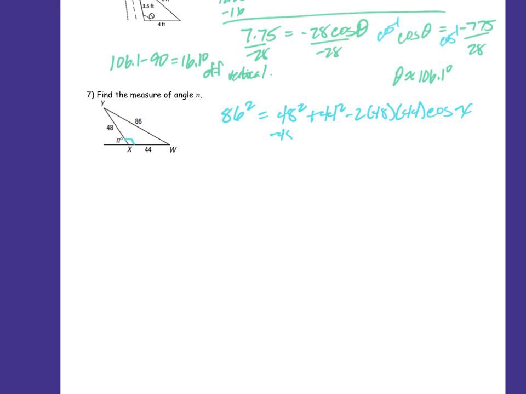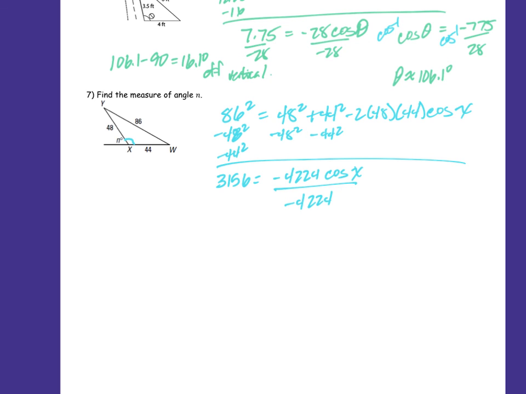Instead of figuring out what it was, I just did 48 squared minus 44 squared and put it into my calculator that way, sorry. And I got 3156. And that equals negative 4224 cosine of x. Divide by negative 4224.